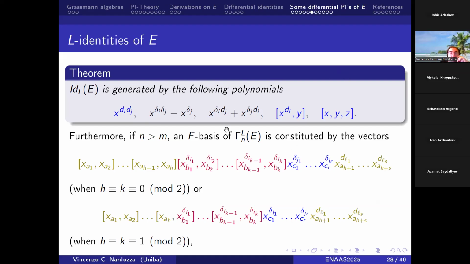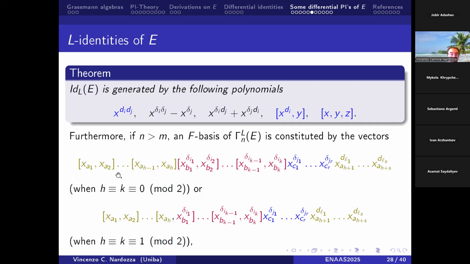If n is greater than the number of derivations, or n is greater than m, then we have this kind of normal form for the polynomials in the factor space, which are products of commutators, then products of ordinary letters, then products of commutators in delta letters, then a word in delta letters, and then a word in D letters.